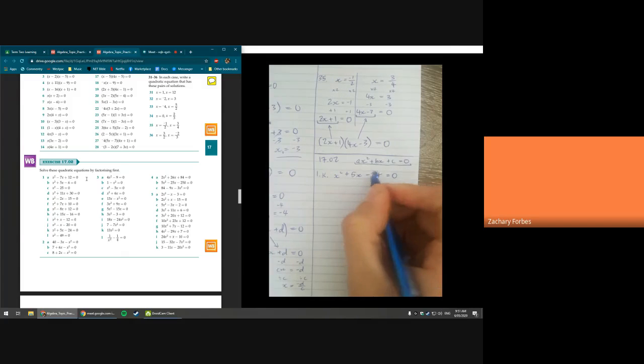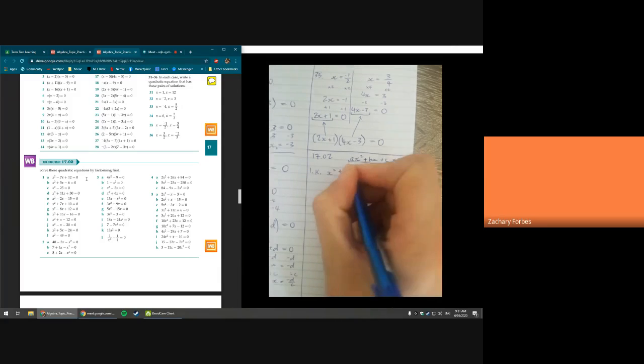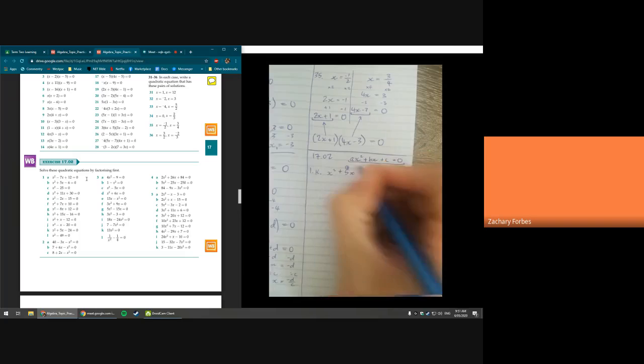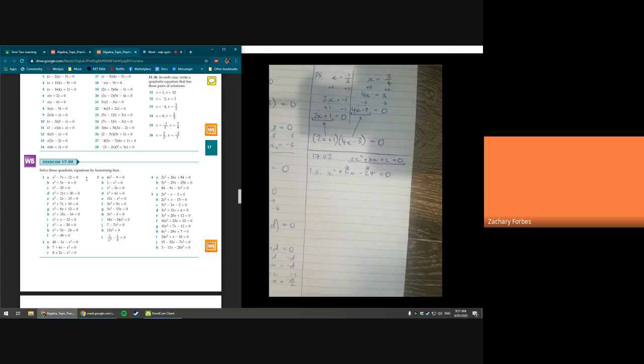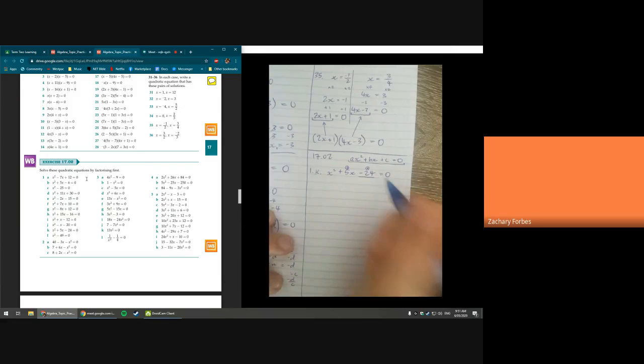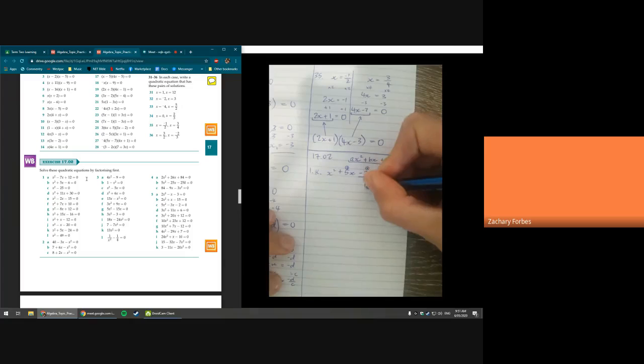Okay, so just a quick reminder on how I do this. This number here, I need to find two numbers that multiply to get that, and I need to find two numbers that add to get this one. What I do is I draw a little T underneath that, including the symbol. And I think of all of the ways to get -24 by multiplying.